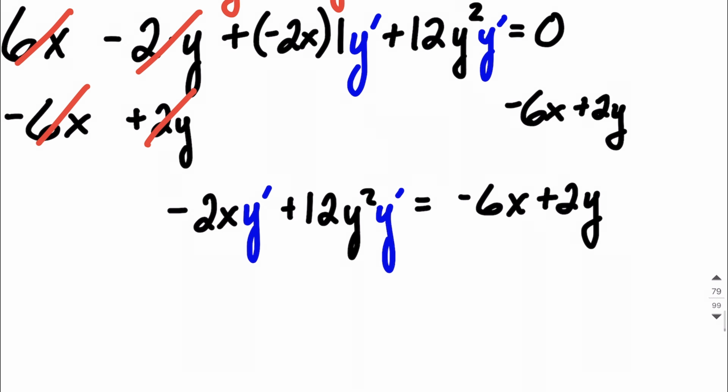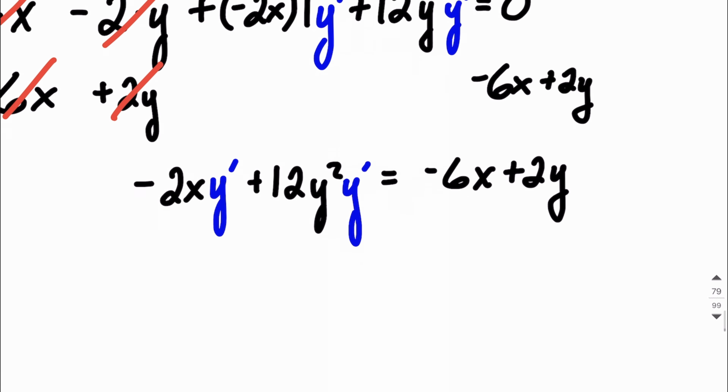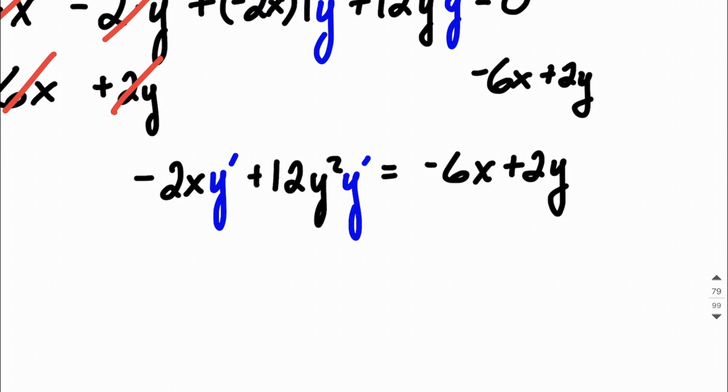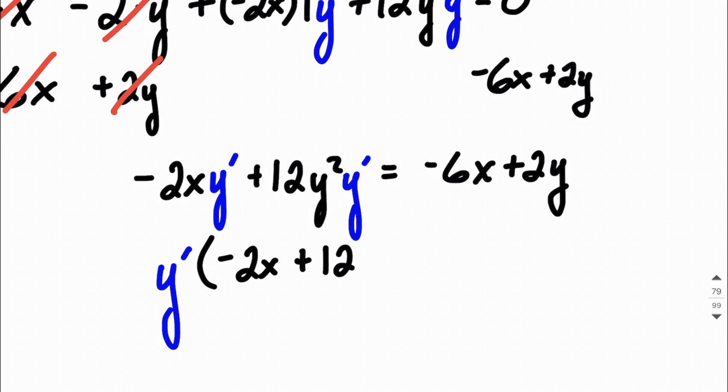All right, as you work through these, you're going to notice a lot of times you get to the same place where you've isolated all the y primes on one side, so that'll become a common factor for this side. So we'll factor that out: y prime times -2x will give us the first term, and y prime times plus 12y squared will give us that next term.